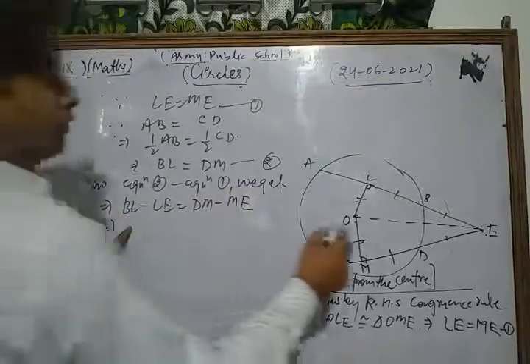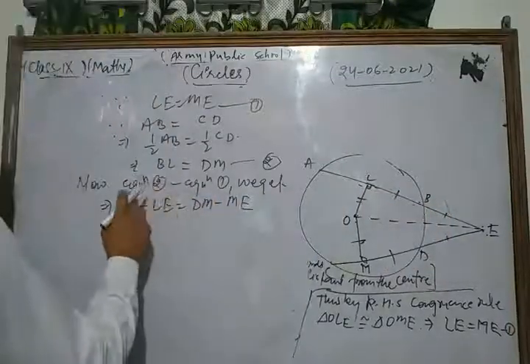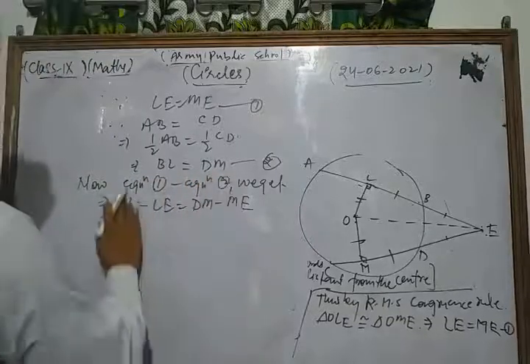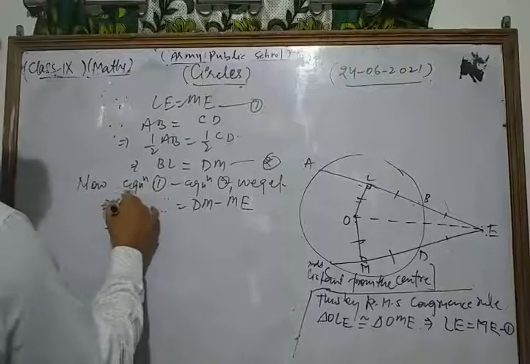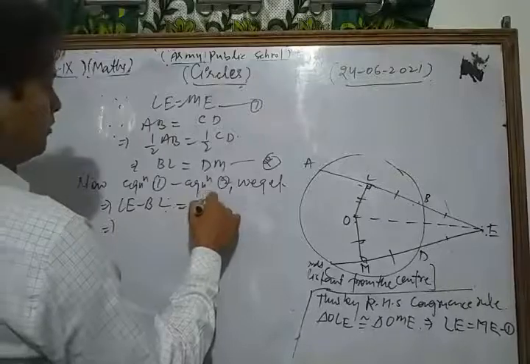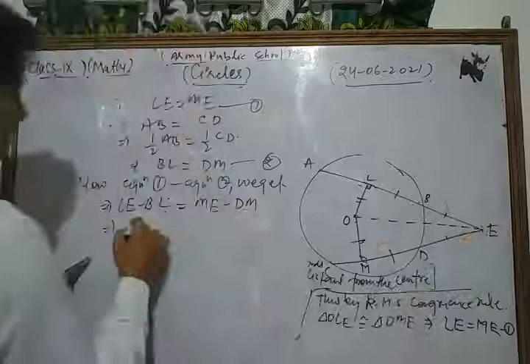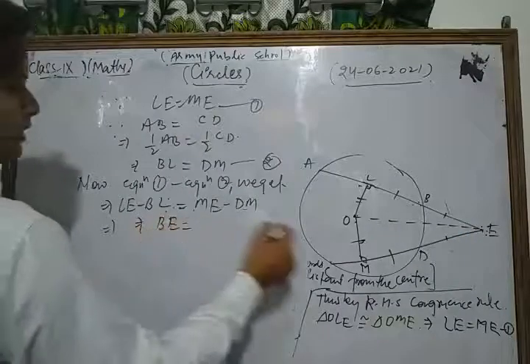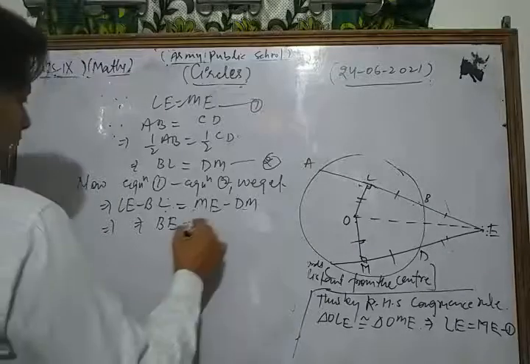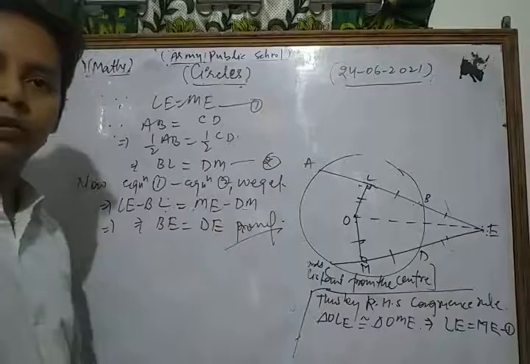Now look from the figure: LE minus BL is equal to BE, and this is equal to DE. So BE is equal to DE. Hence proved.